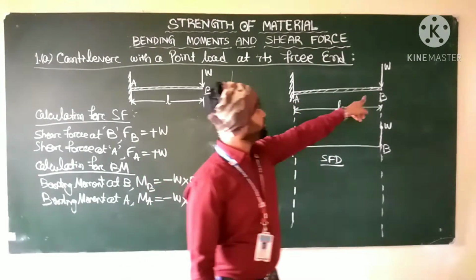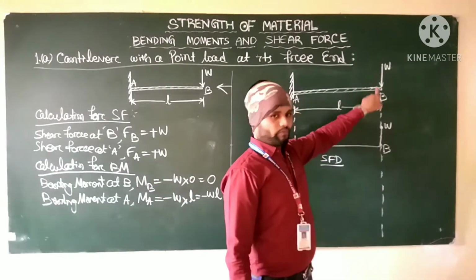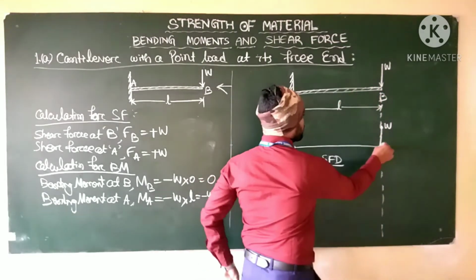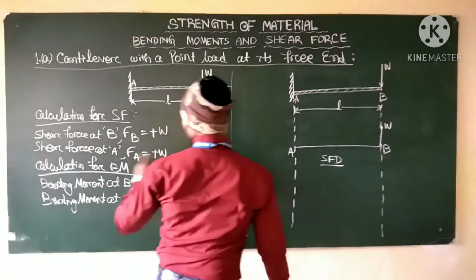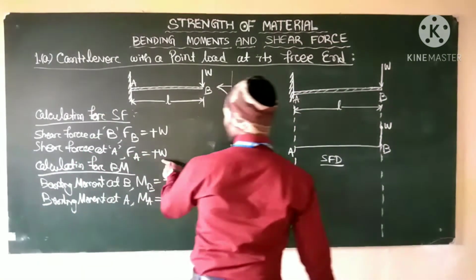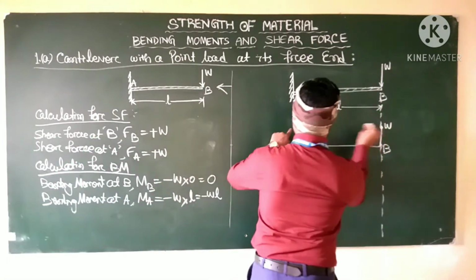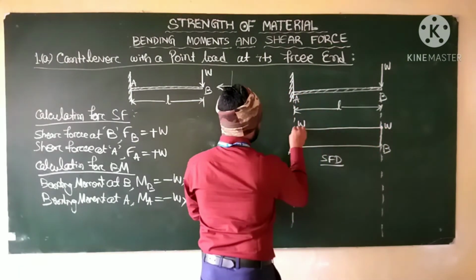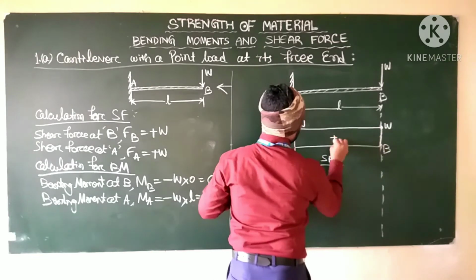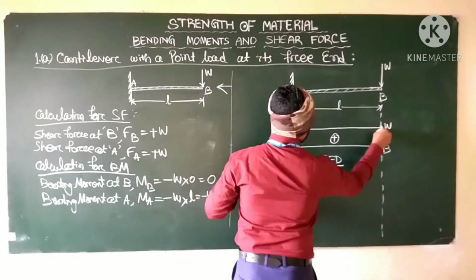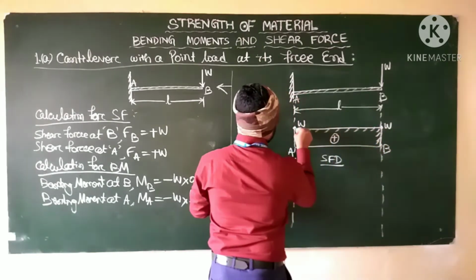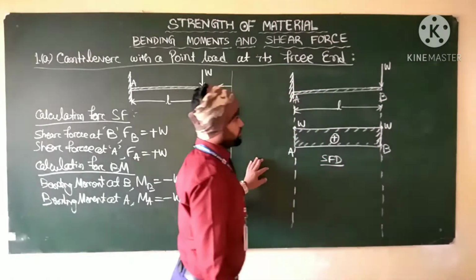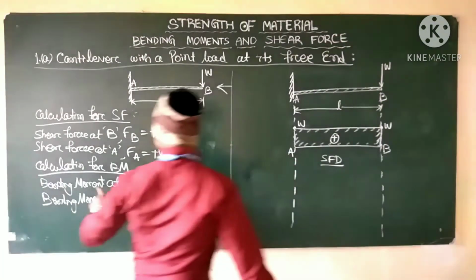So if the point load is applied here, the shear force changes vertically from 0 to plus W. Next, at point A, shear force is plus W. So here is also W. So make a joint. Plus shear force.